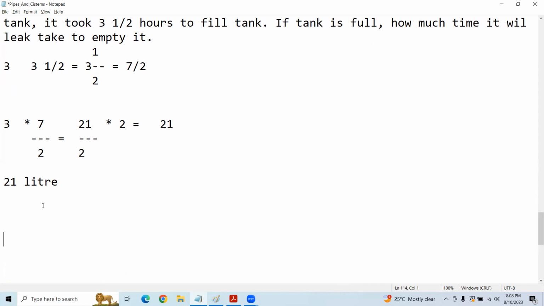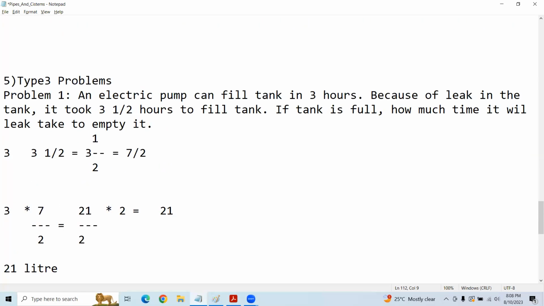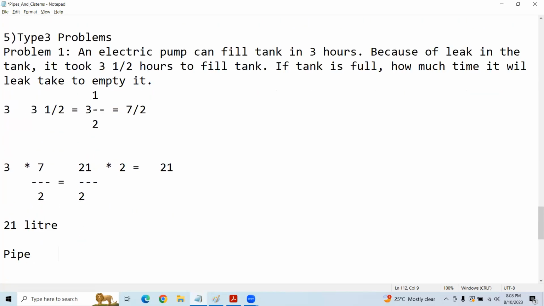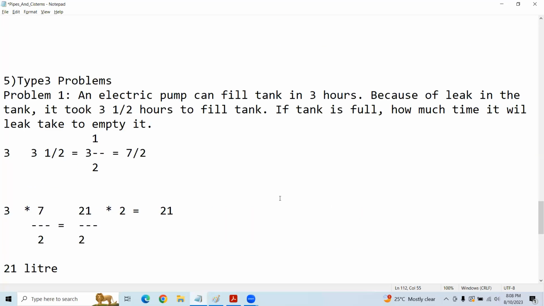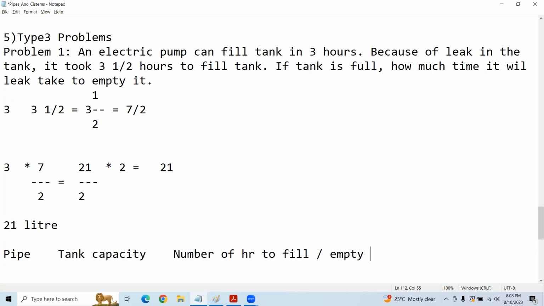Let's write down the table. Pipe. Here we have a pump, but to standardize, we are just writing pipe over there. Tank capacity. Tank capacity is going to remain constant. Number of hours to fill or empty. Here we have leakage also, so we need to write down empty as well as fill, both the things.